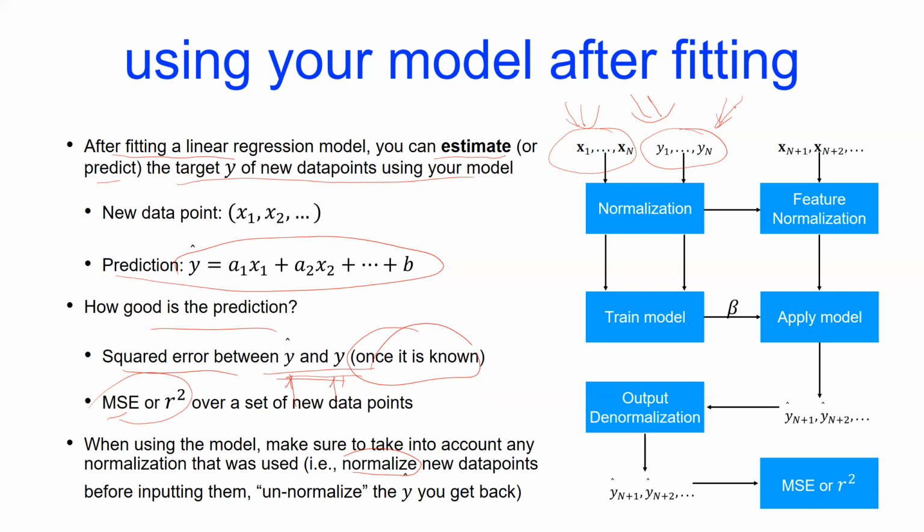But if you choose to normalize your Y, remember you need to denormalize your Y after you output it from your model. I hope that makes sense to you. All right, any question about this slide?